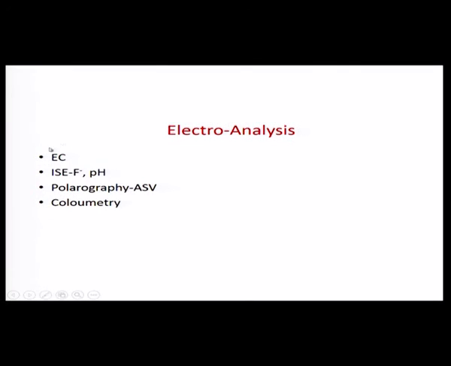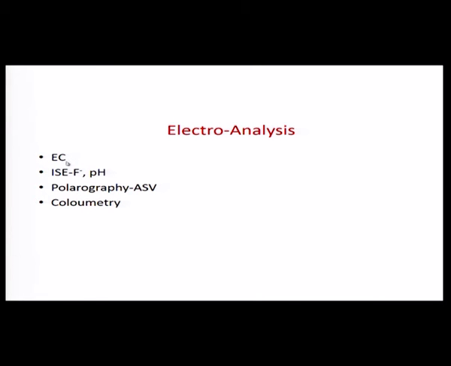Electrochemistry is also useful for environmental analysis purposes. For example, we can measure the electrical conductivity based on Ohm's law, and that is very, very important. We can quickly measure the salt content and TDS content, because electrical conductivity is related to total dissolved solids.